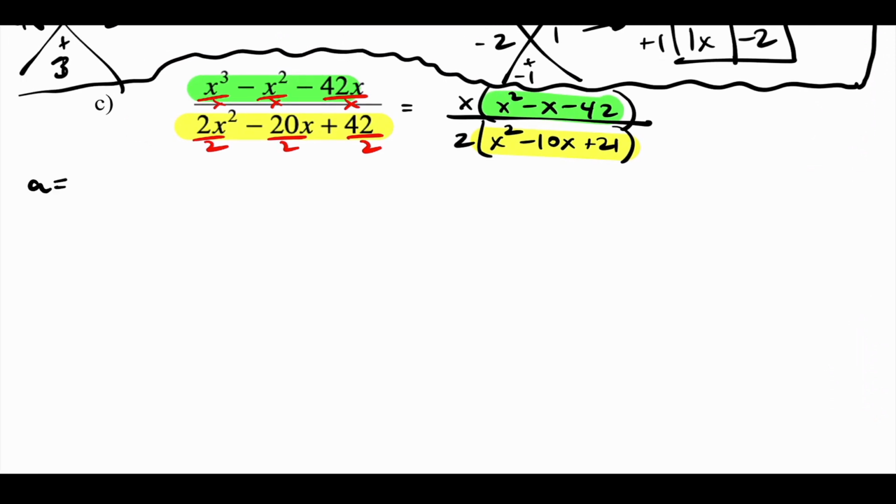Okay, so the top, A is 1, B is negative 1, C is negative 42.